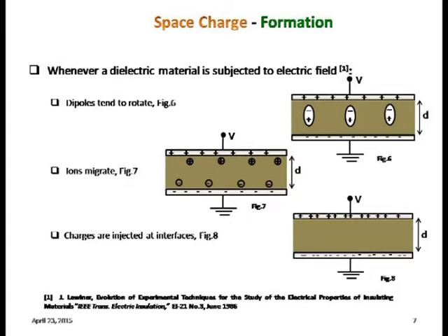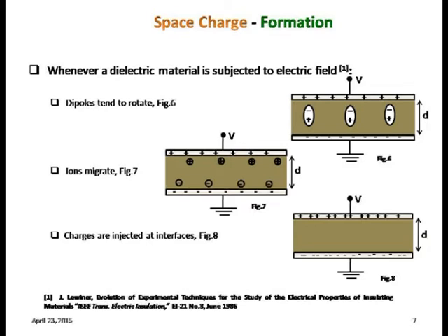When a dielectric material is subjected to an electric field, the dipoles inside tend to rotate or align in the direction of the electric field, and ions migrate. For example, negative ions tend to be attracted to the positive interfacial charge, and positive ions tend to be attracted to the negative interfacial charge.